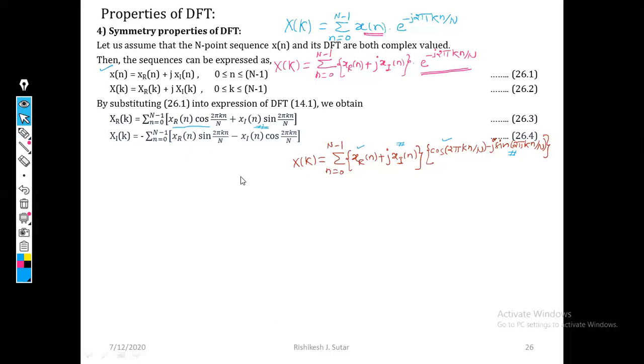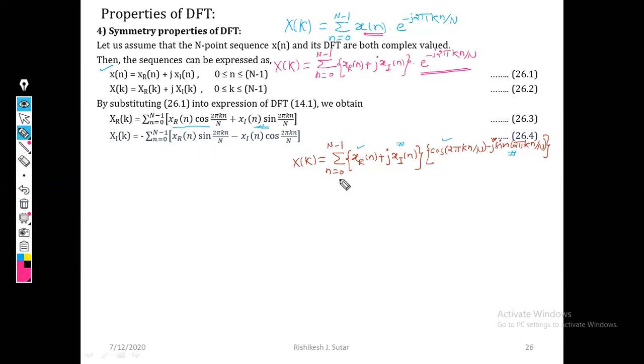Then we can go for the imaginary part also. If I want the imaginary part, what should I do? Let me use another pen.